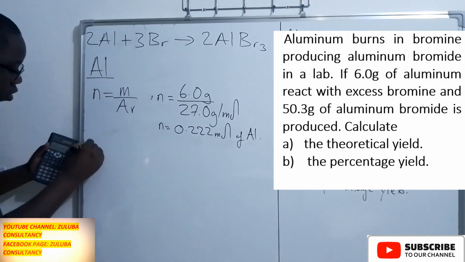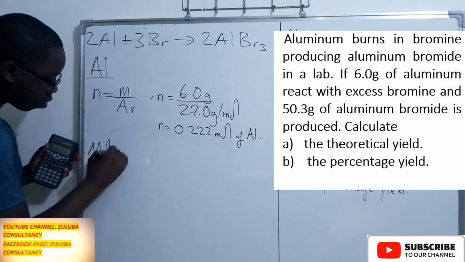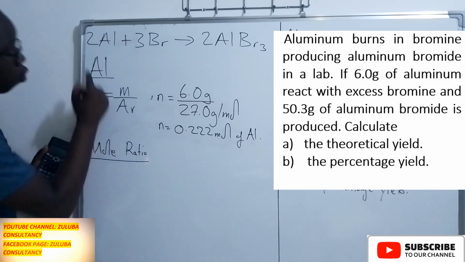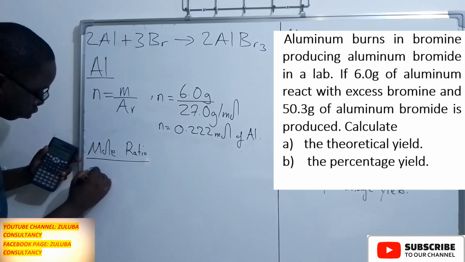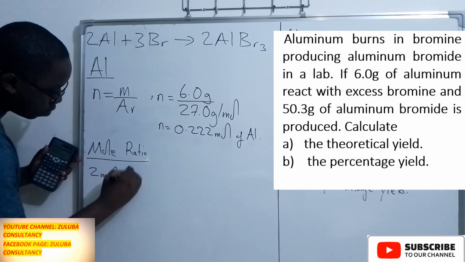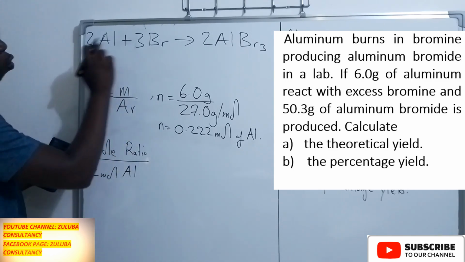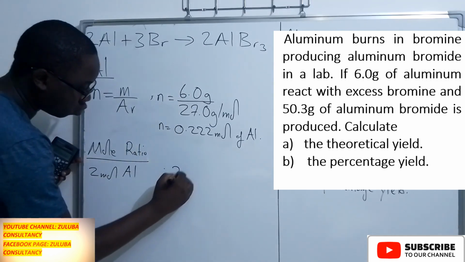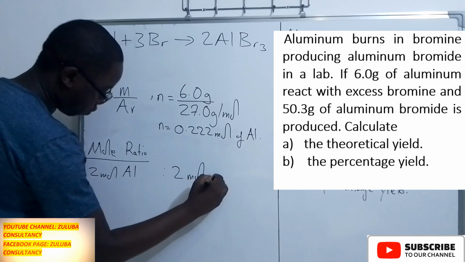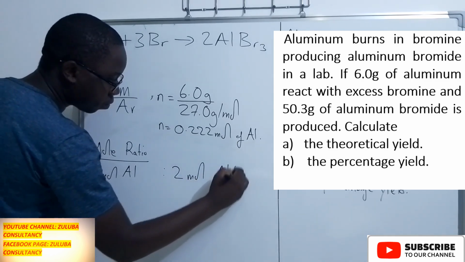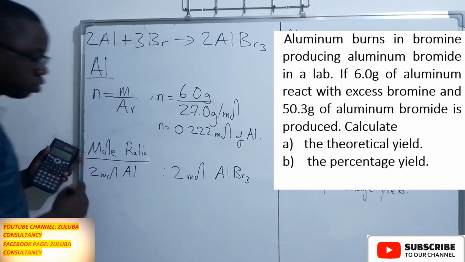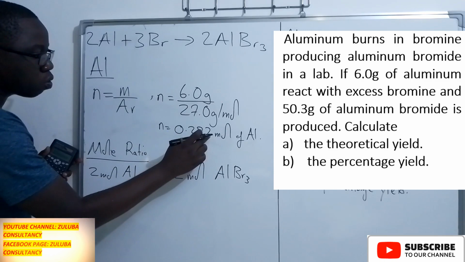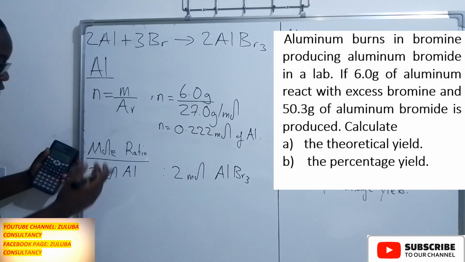So the mole ratio that we'll use is, when 2 moles of aluminium reacts, we can see 2 moles of aluminium bromide is produced. Now, what if 0.222 moles of aluminium is available?